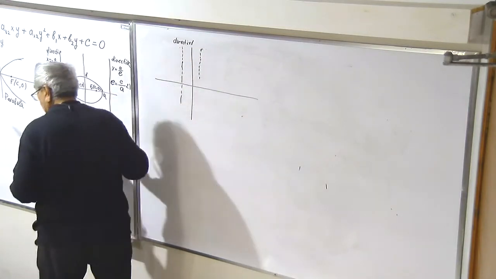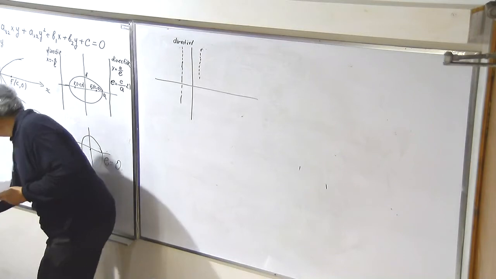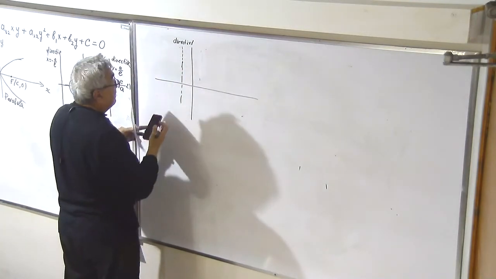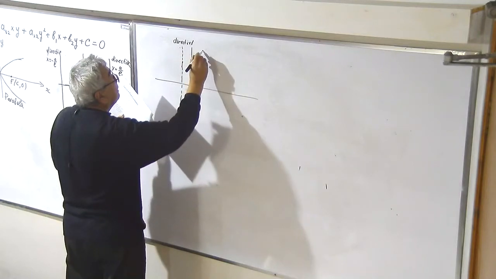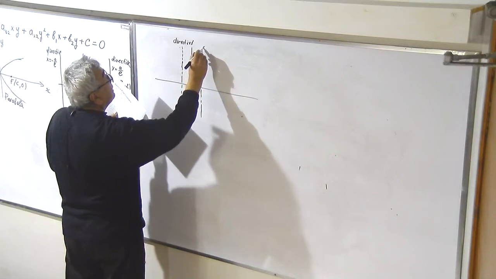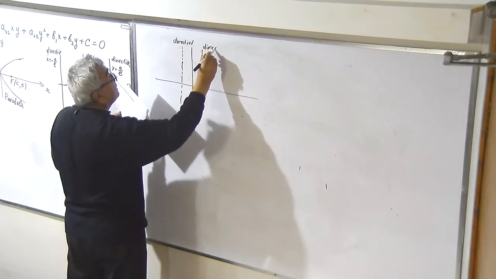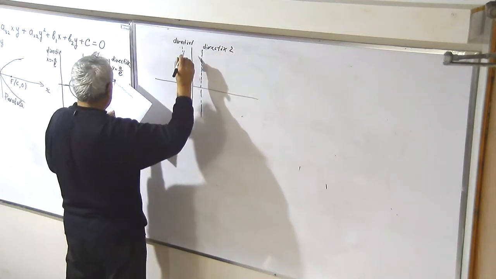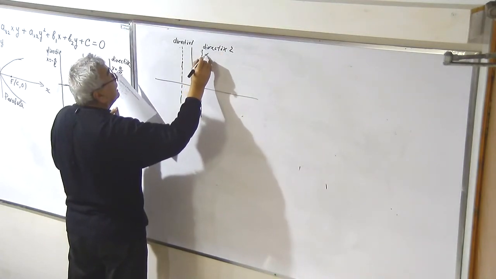It's the same distance from the y-axis. Directrix number 2: the coordinate should be equal to x.